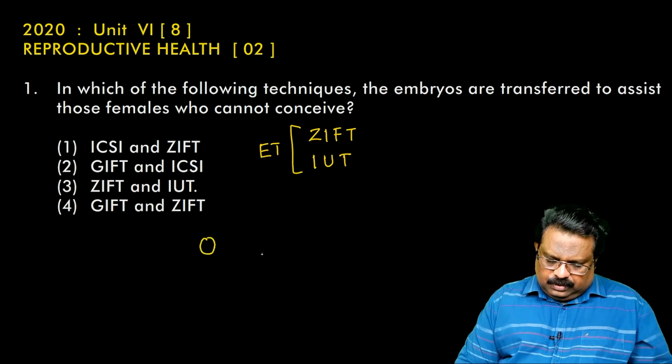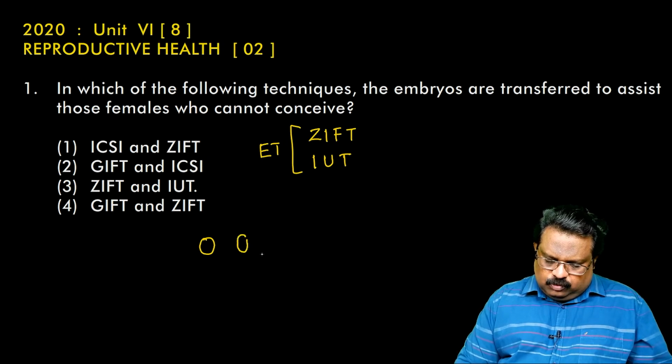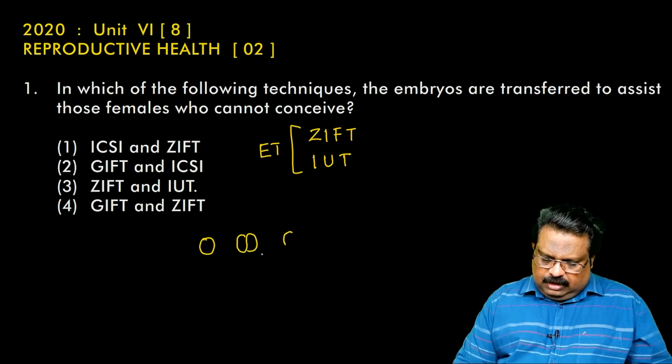The embryo undergoes a process of cleavage, producing a 2 blastomere stage, then a 4 blastomere stage, then an 8 blastomere stage, like this. Isn't it?